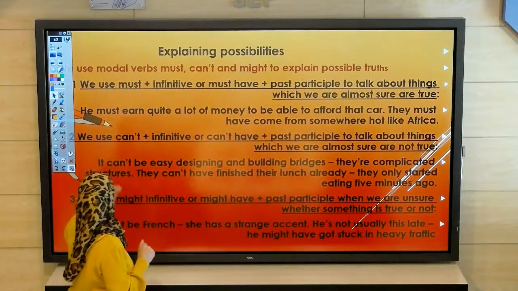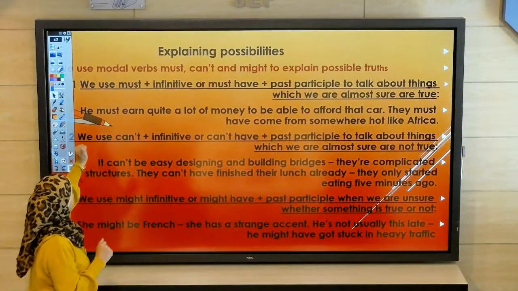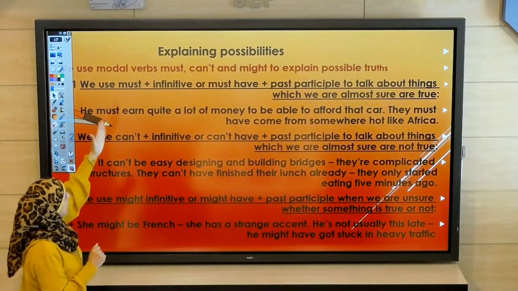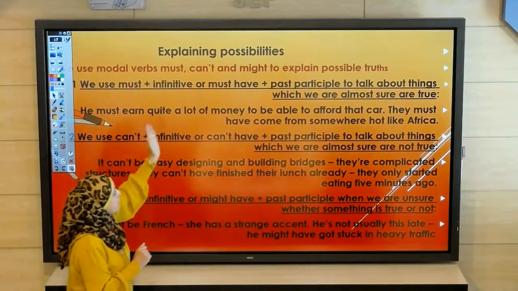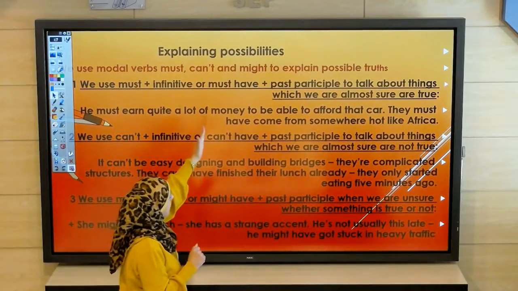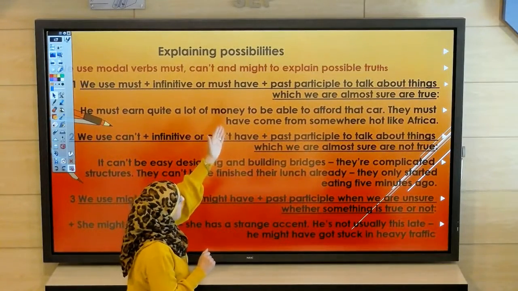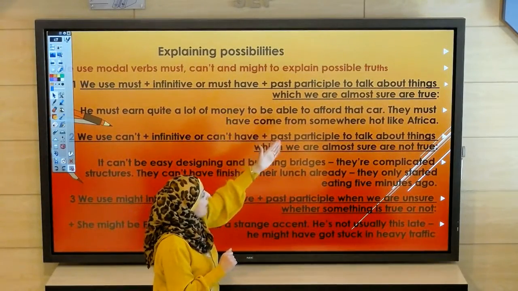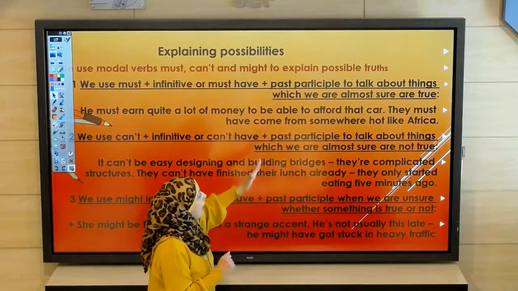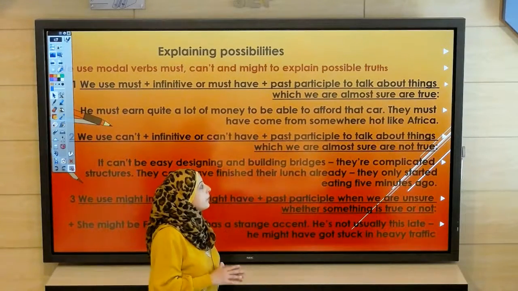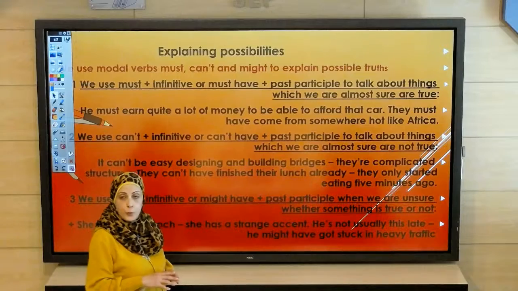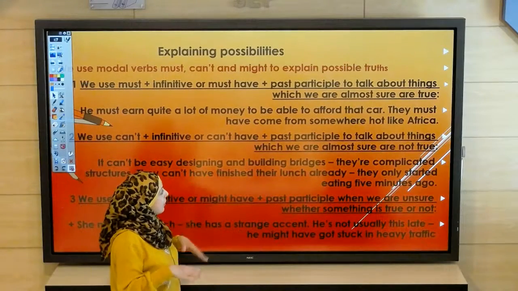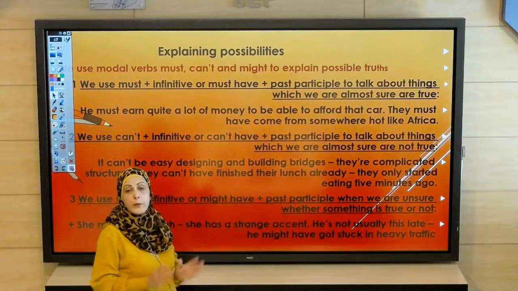Let's see. Number 1, we use must plus infinitive, or must and after it have plus past participle, to talk about things which we are almost sure are true. So when we are sure that things are true, we use must.